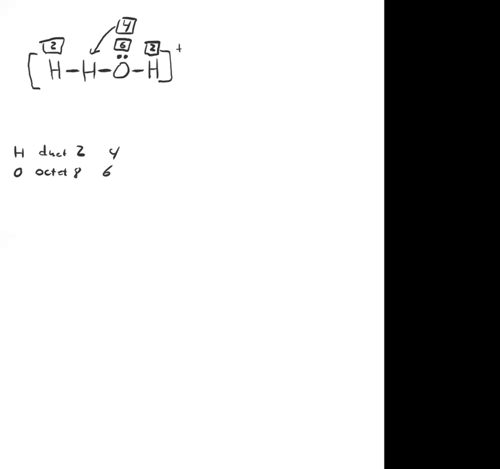Okay. Now let's also check to see if it has the correct number of electrons. So each bond is 2. So there's 2, 4, 6, and then there's your lone pair. So that's 8. So it's got 8 electrons. And then let's count up based on the position in the periodic table. You got 3 hydrogens, and then you got an oxygen.